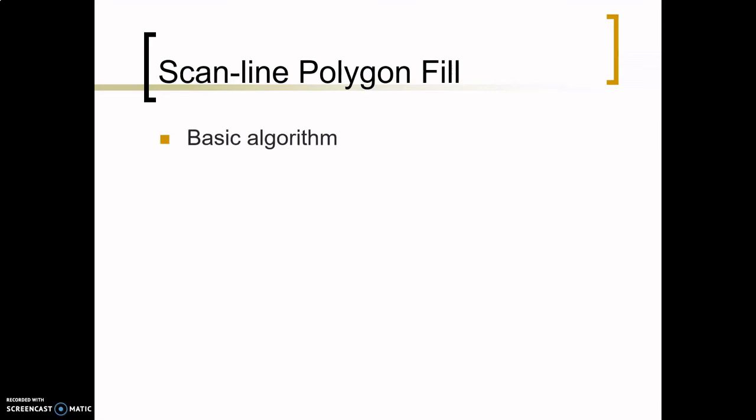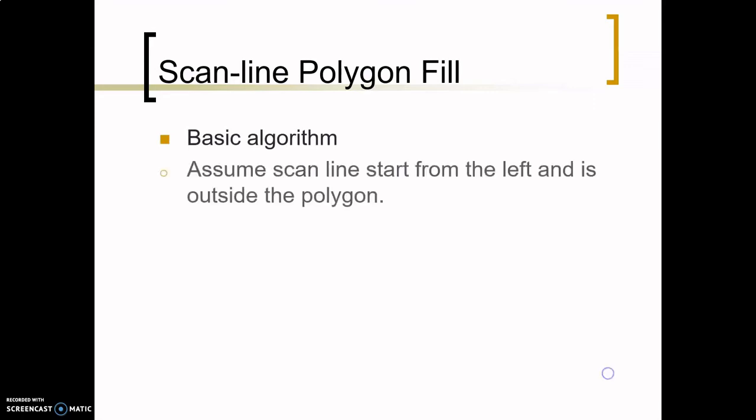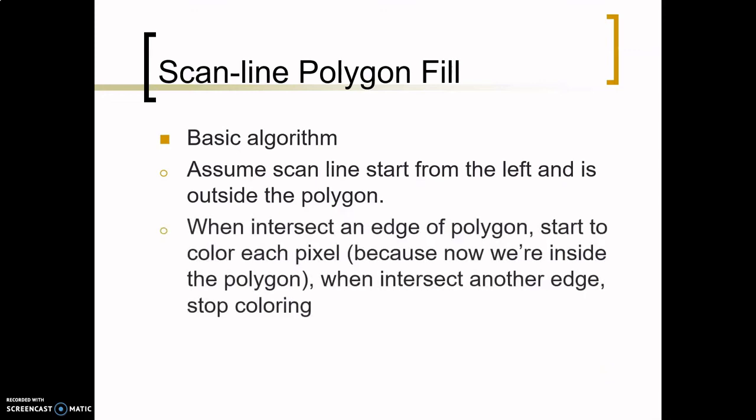So we'll see what the basic algorithm is. Assume the scan line starts from the left and is outside the polygon. When it intersects an edge of the polygon, start to color each pixel, because now we are inside the polygon.